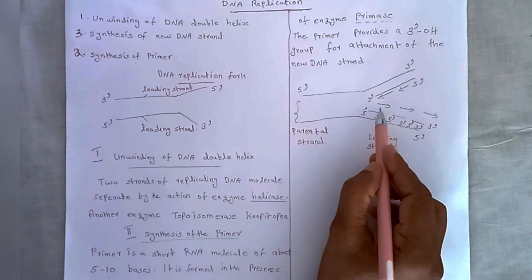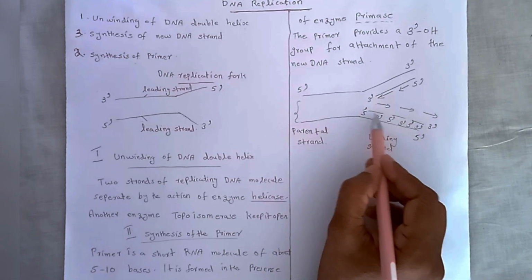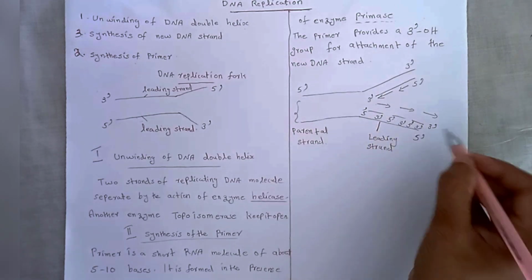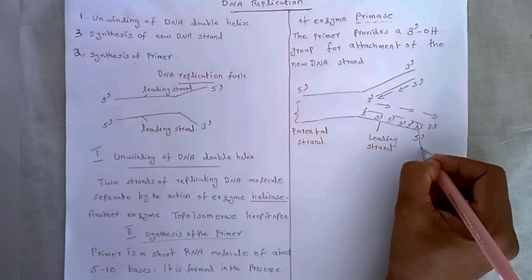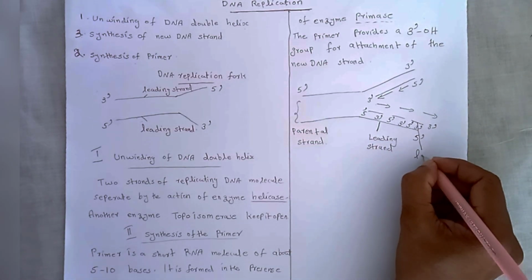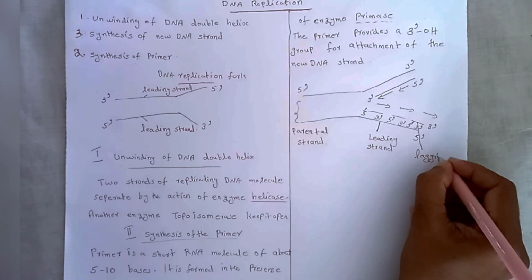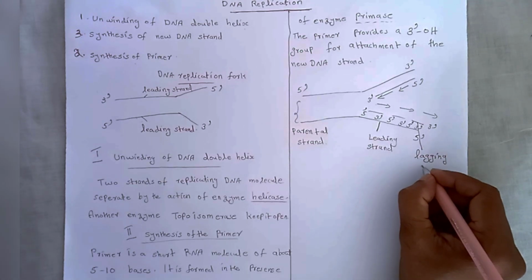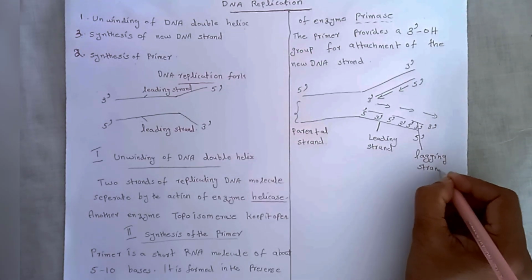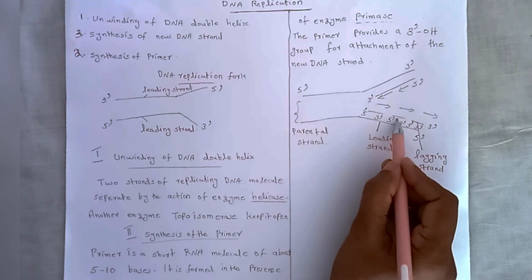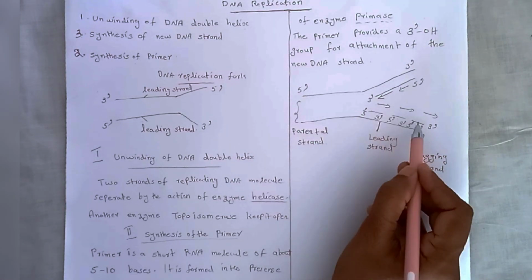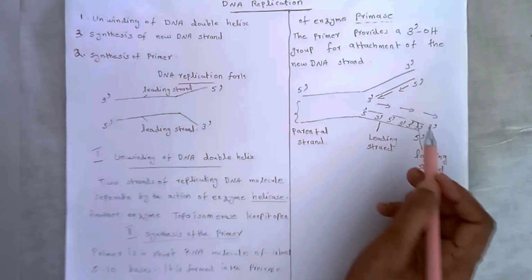And this newly formed one is known as the lagging strand. These bits are known as Okazaki fragments.